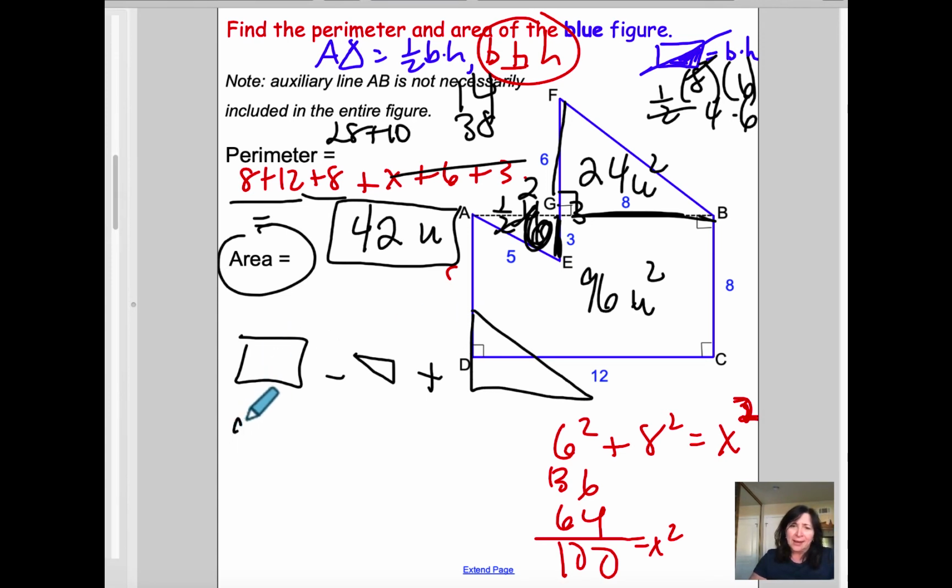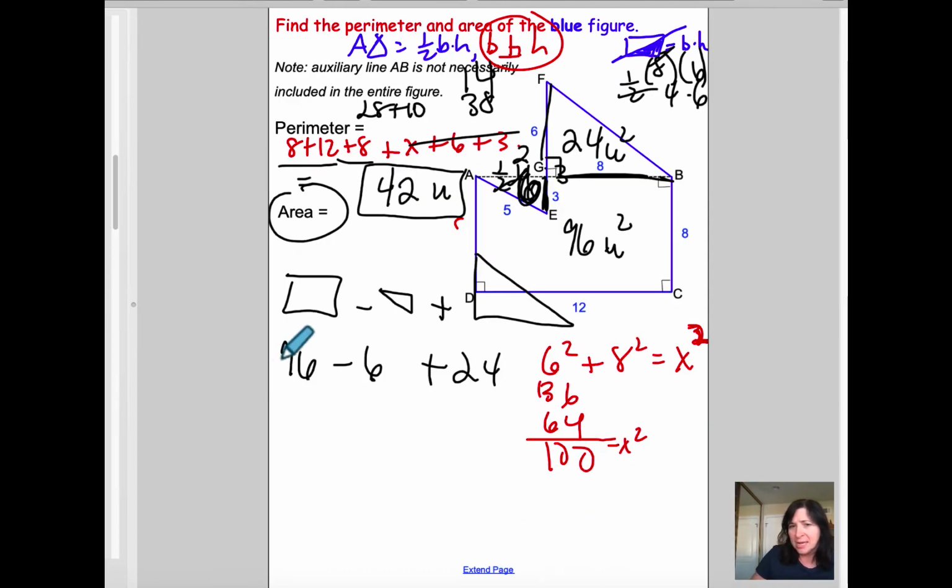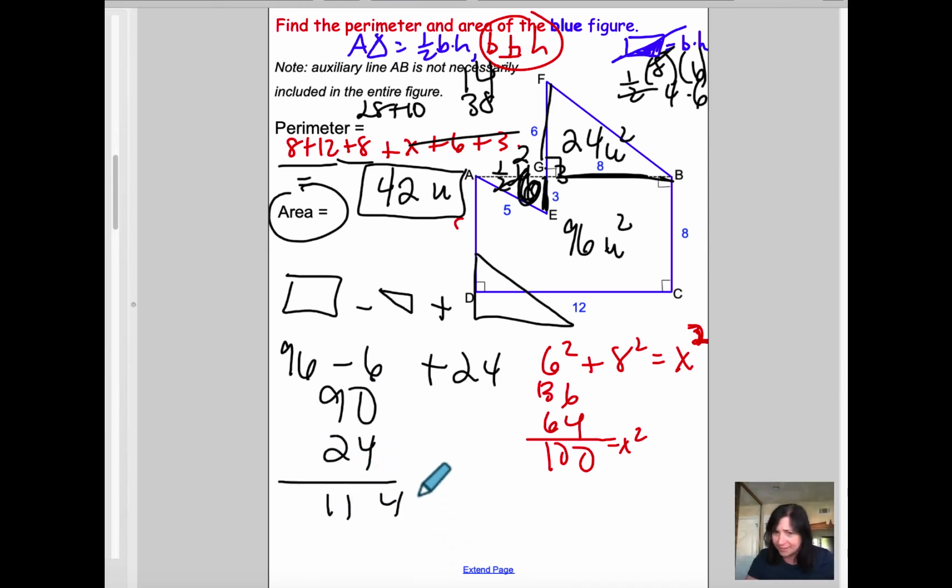So we've got 96 minus 6 plus 24. 96 minus 6 is 90. 90 plus 24 is 114. And if I'm adding units squared plus units squared plus units squared, it's 114 units squared.